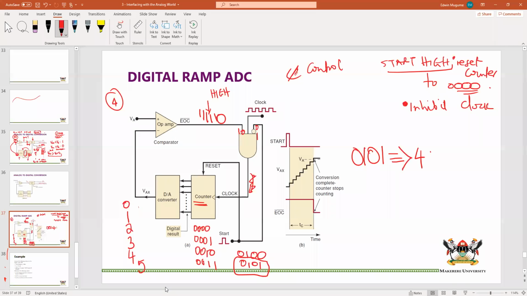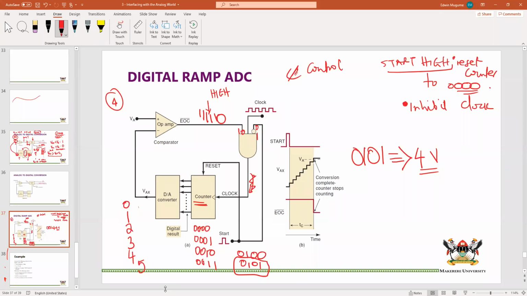So we can say that 0101 is what we are taking as the equivalent of 4 volts, which is obviously inaccurate here, but we can enhance the accuracy by increasing the number of bits. If we increase the number of bits to a big number, we are going to have smaller resolutions that lead us to a much better output. So this is how the digital ramp works. And as you can see, it is quite easy.